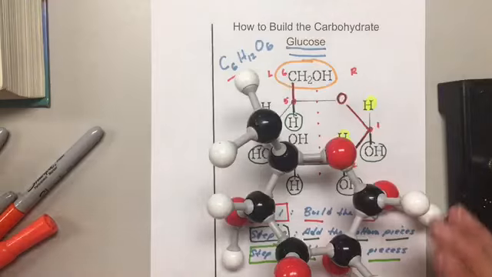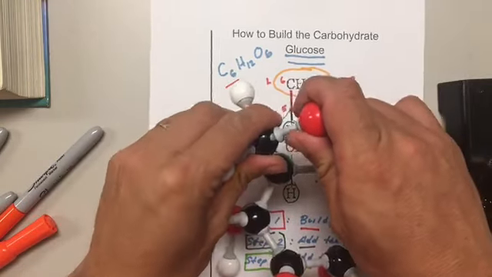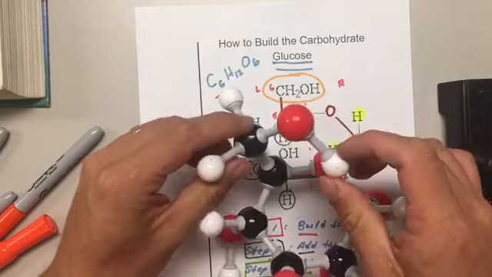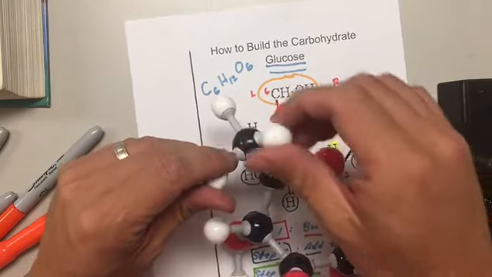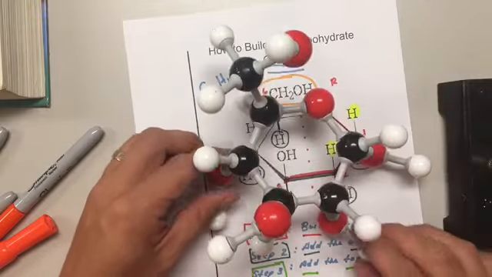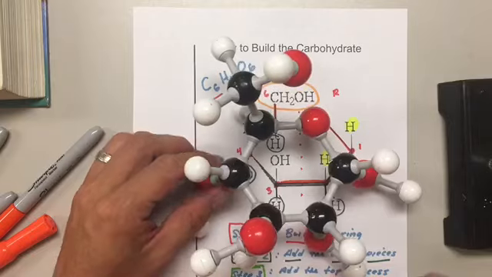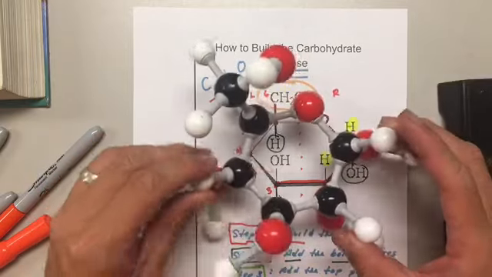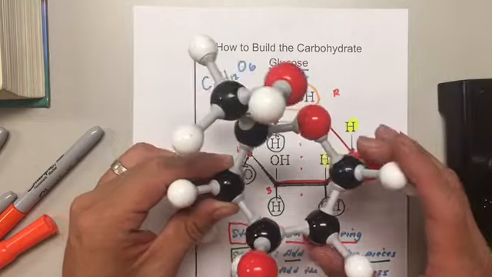So the only way you can attach an OH is by attaching the oxygen to the carbon, and then here's the extra H, OH. And now we have just completed a glucose molecule. Notice how pretty it is. It has a ring structure. It has carbon, oxygen and hydrogen.